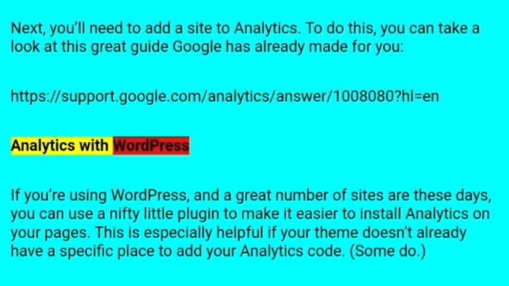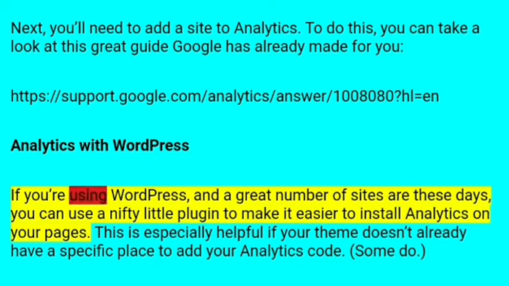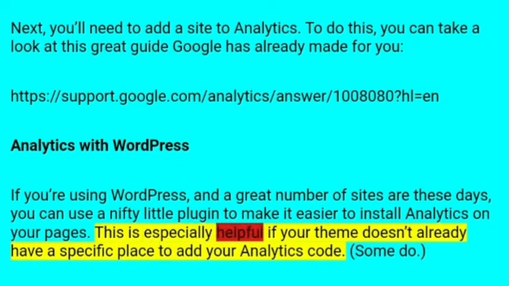Analytics with WordPress. If you are using WordPress, and a great number of sites are, you can use a little plugin to make it easier to install Analytics on your page. This is especially helpful if your theme doesn't already have a specific place to add your Analytics code.